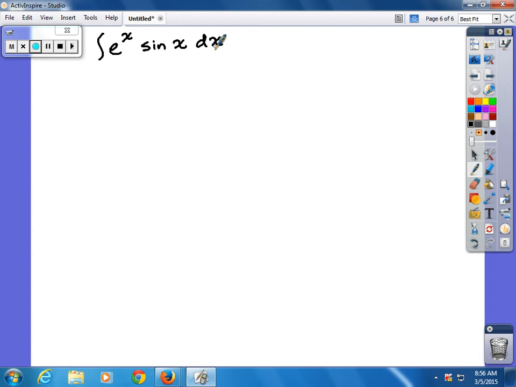So I'd make dv equal to e to the x dx, and make u equal sine of x. Derivative of sine is the negative cosine.